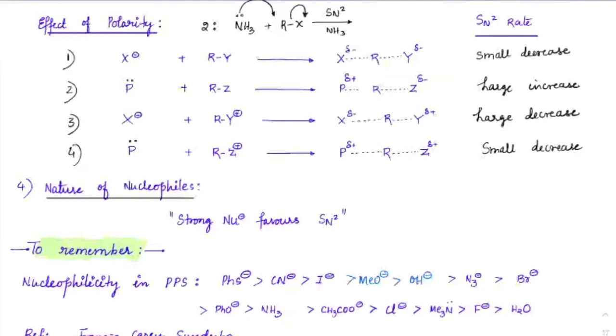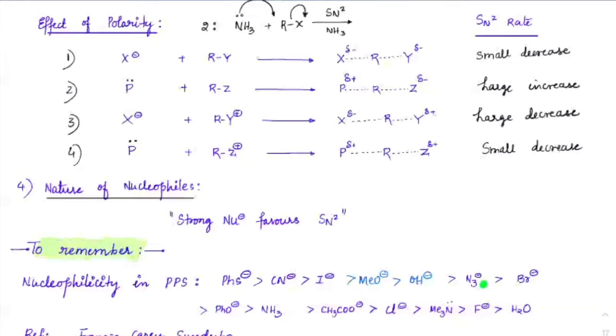So this order is in polar protic solvent. Okay, so PhS minus. Sulfur always acts as a much better nucleophilic site. So PhS minus, then CN minus, I minus. This is purely experimental, so you just have to remember the order here. So PhS minus, CN minus, I minus, methoxides, OH minus, N3 minus. N3 minus is azide.